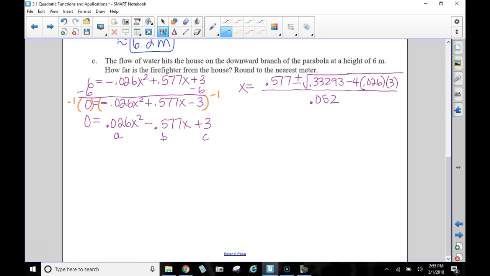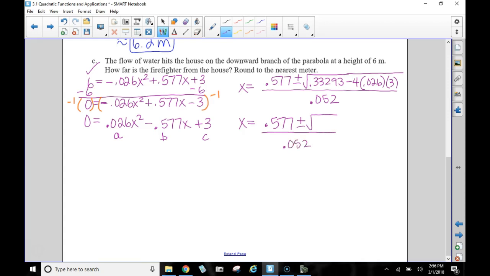Now, our two solutions for X, which represent the meters where the height of the water is at 6, is going to be 0.577 plus or minus the square root of something divided by 0.052.